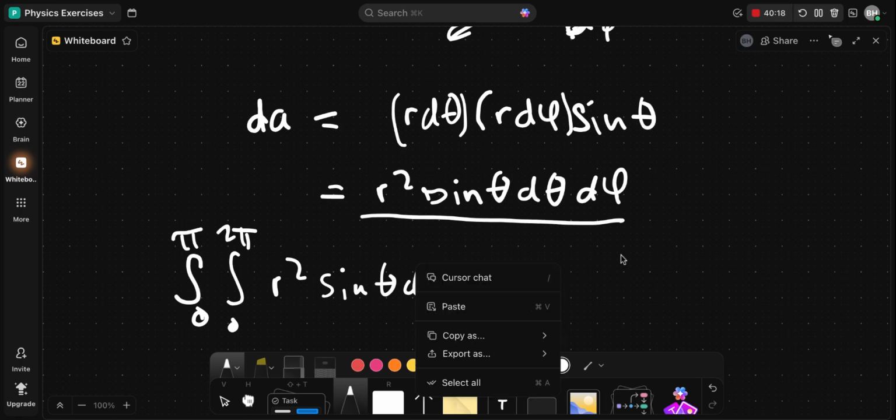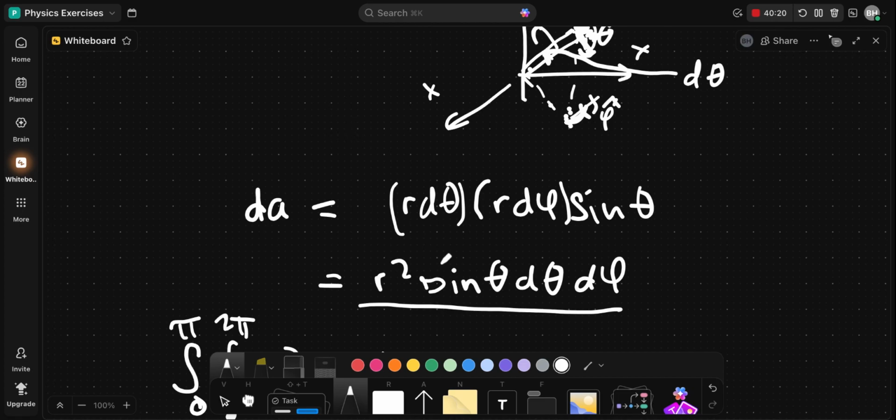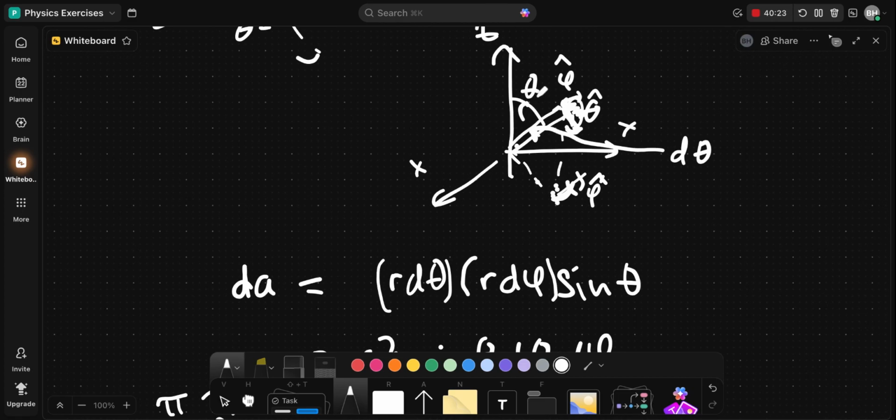But first I want to say why those particular limits on the angles. You see that theta goes from 0 to pi. It doesn't go fully around because if you go fully around in phi, the points that would be along theta greater than pi can already be accessed by varying phi.